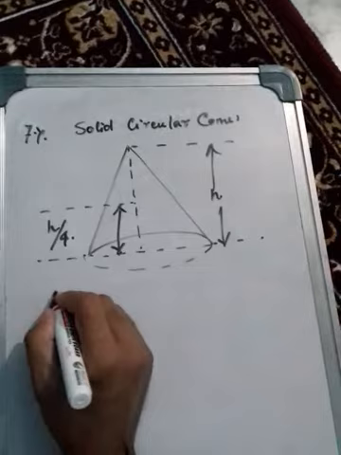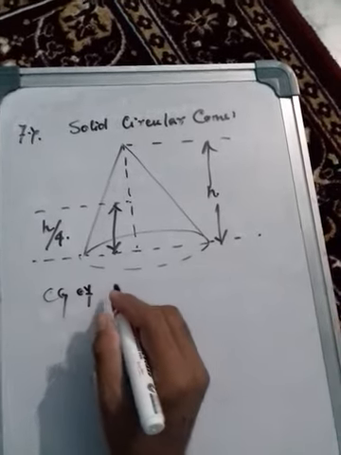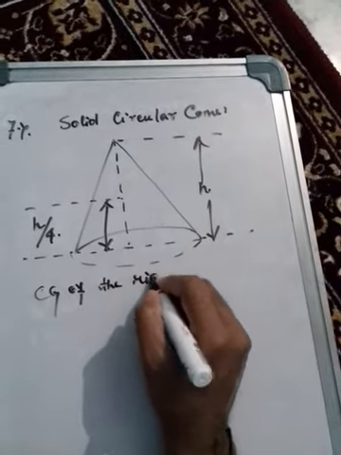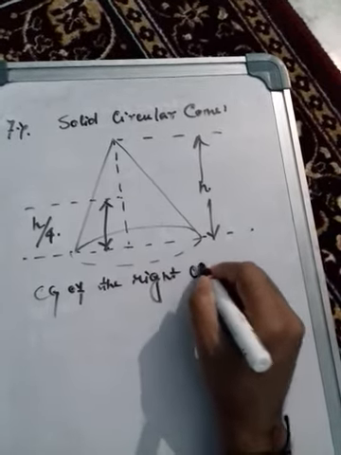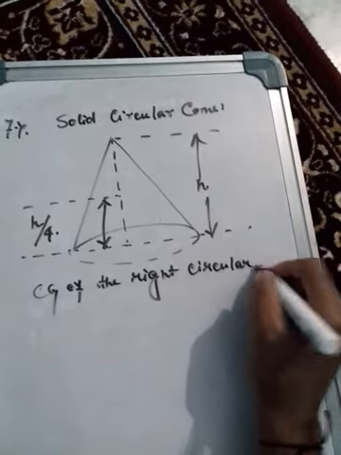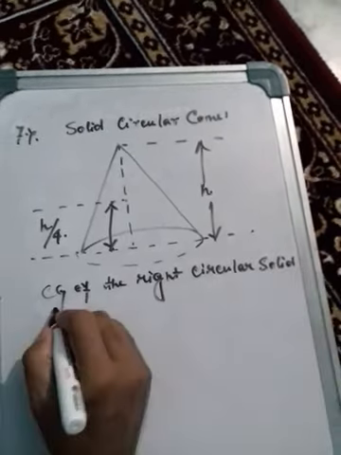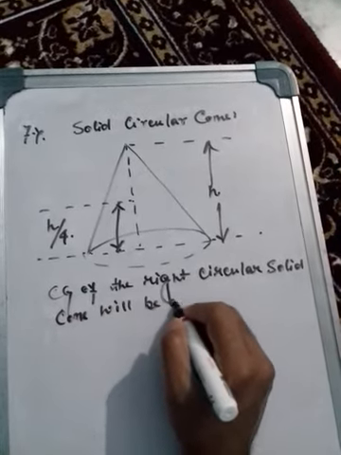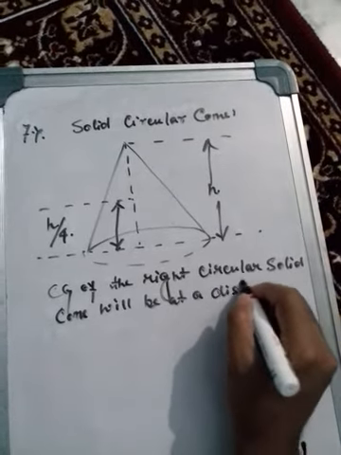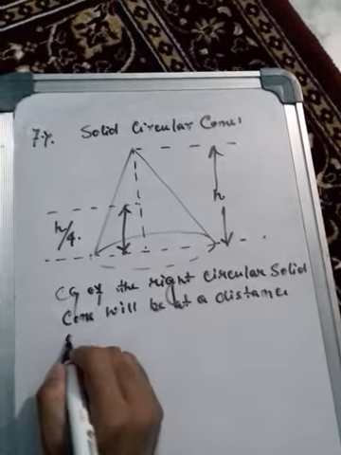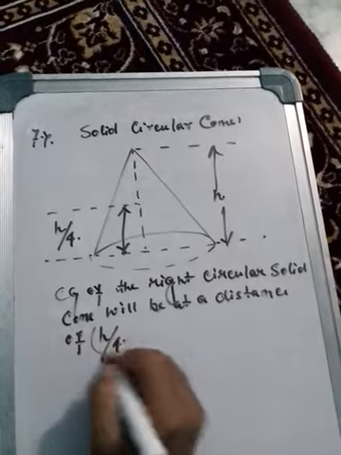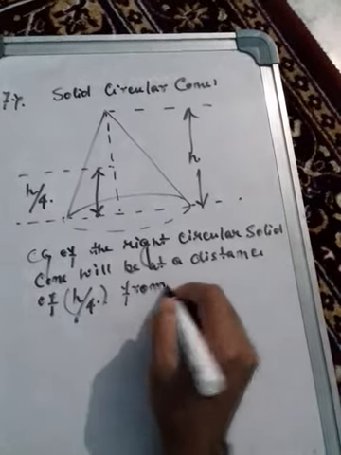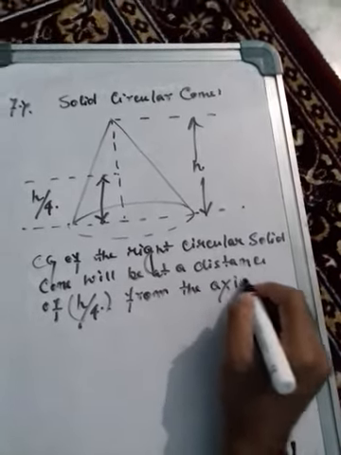That is, write down: CG of the right circular solid cone will be at a distance of h by 4, where h is the height of the cone, from the base.